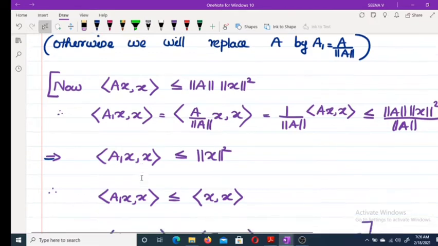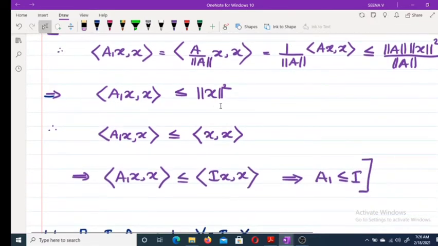We can cancel it, and norm of x square is inner product xx, and this is inner product Ixx. So inner product a1x x is less than or equal to inner product Ixx. What is the meaning of that? This means a1 is less than or equal to I.